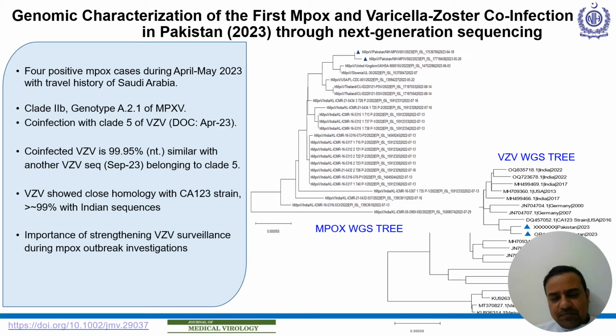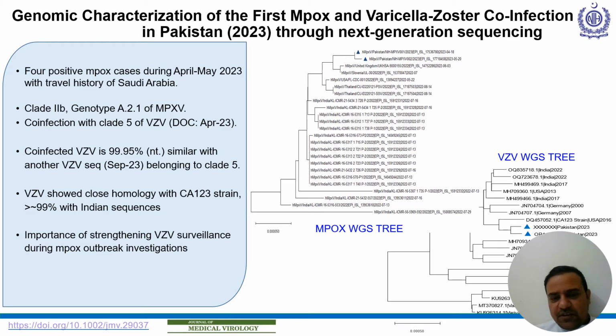Again, this is a very rare genotype. Most of the sequences of this genotype have been reported from India last year, so we found this genotype in a traveler, and then very interestingly, using the metagenomic approach, we also found that the patient was also infected with varicella zoster virus.